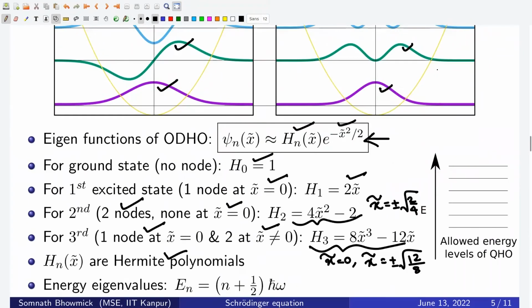Now we can prove that the corresponding energy eigenvalues are given by this. And note that similar to particle in a box, not all energy eigenvalues are allowed. Here I schematically show the allowed energy levels of the quantum harmonic oscillator.